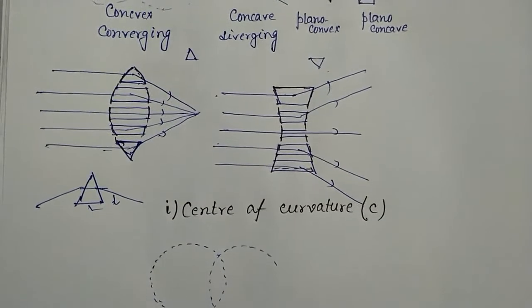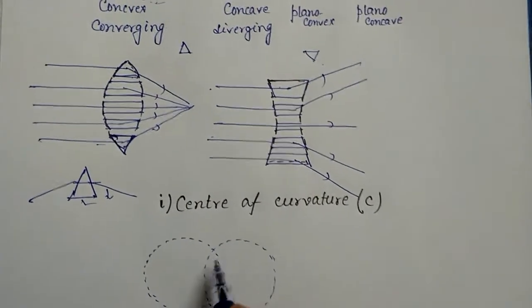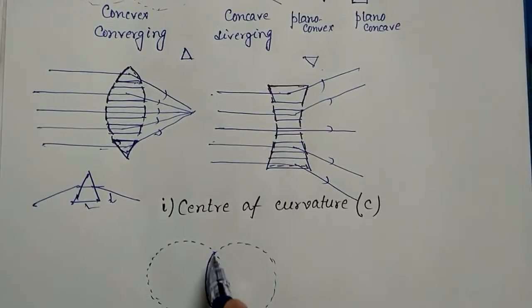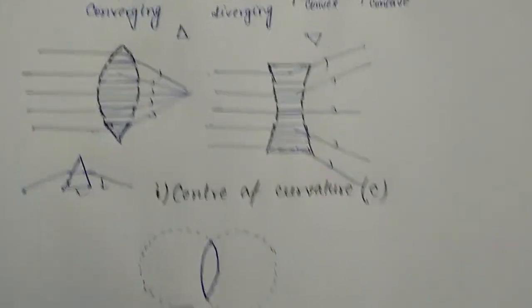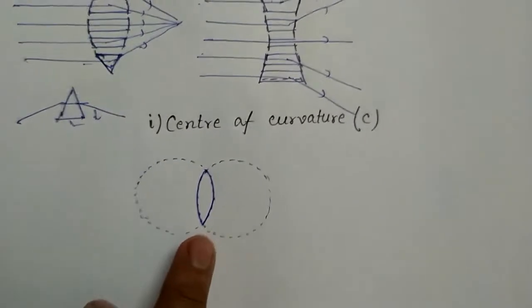As you can see, the intersection of these two spheres is giving us the lens, a convex lens.